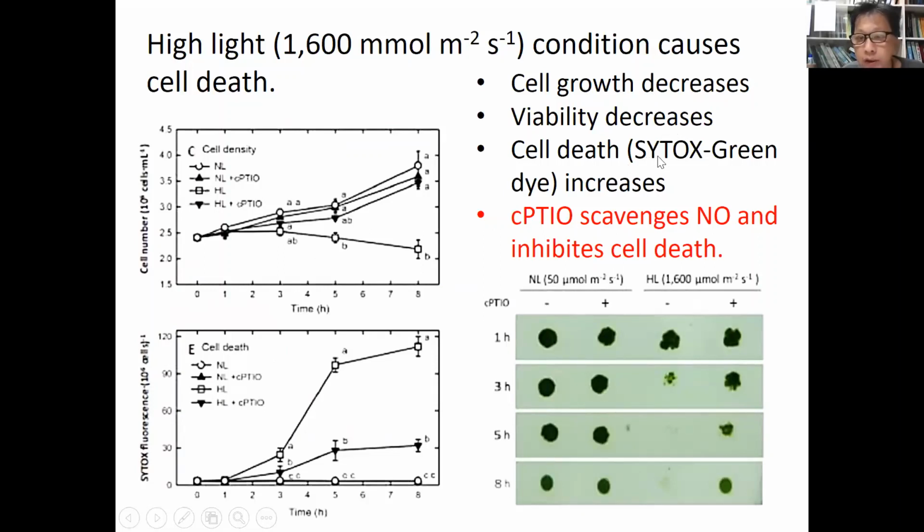We use a cytotoxic green dye to detect the cell death, and we find the cell death increases significantly, and that means the cell cannot grow under high light condition. However, if we use cPTIO to scavenge NO, we can see the high light induced cell death will be inhibited. This indicates that NO is involved in the high light induced cell death.